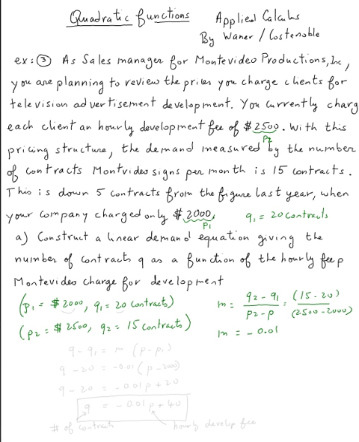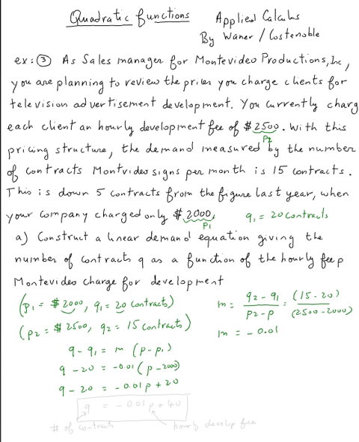Now the demand equation is Q minus Q1 equals m times P minus P1. So we know the slope is negative 0.01. And then we take a point: P1 is 2,000, so plug in 2,000 here, and Q1 is 20, plug in here, and then solve for Q. This means that Q minus 20 is equal to negative 0.01P plus 20.